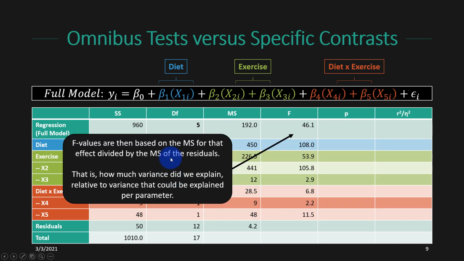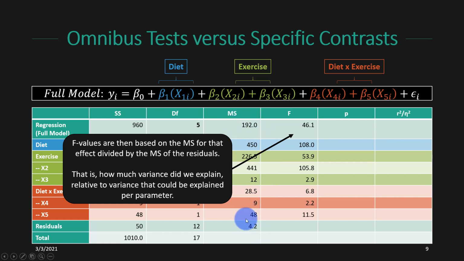Once we have those mean squared error values, then we can take the ratio of the mean squared error explained by that effect relative to the mean squared error of the residuals. So for instance, to get this first one, we do 192 divided by 4.2. That works out to be about 46.1. Because on average, for our 5 parameters in the full model, we explained about 192 squared errors per parameter.